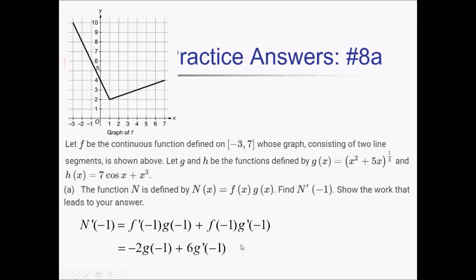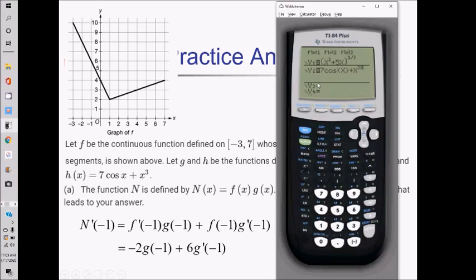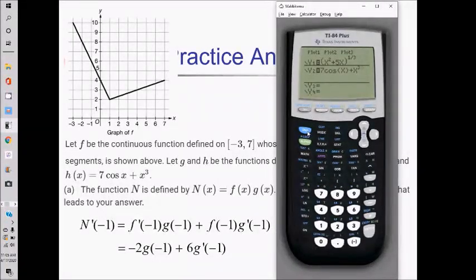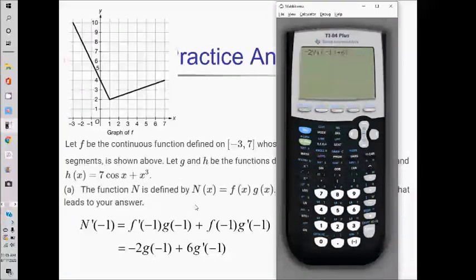And now the rest of this I'll do on the calculator. So again, on the calculator, I entered g as my y1. Let me quit out of there now. And let me see, I need to do negative 2 times g of negative 1. So I'll do alpha trace, pull up y1, my g function from that menu, and let me plug negative 1 into that. Plus, I need to do 6 times the derivative of g at negative 1.